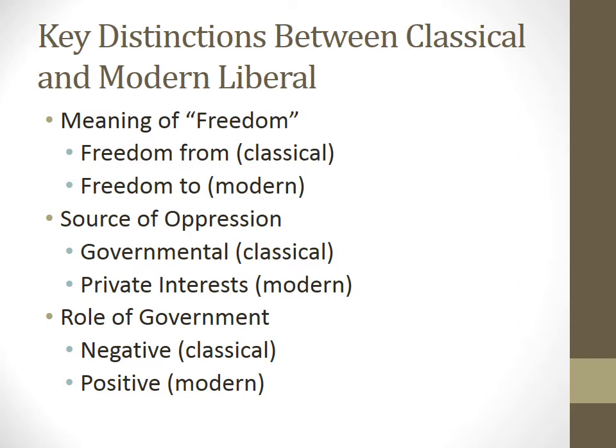The quartering of troops in people's houses without their permission, the rights of people who encounter law enforcement, often called the rights of the accused, the right against cruel and unusual punishment. These are examples of freedom from.